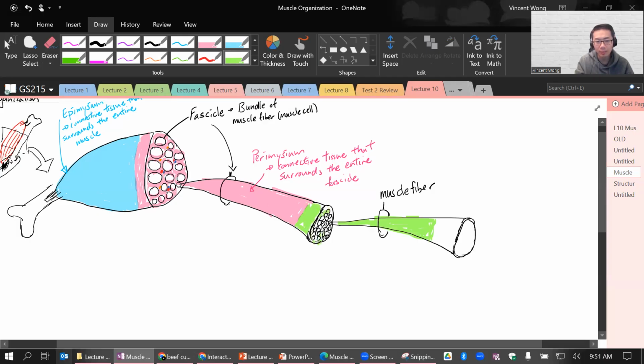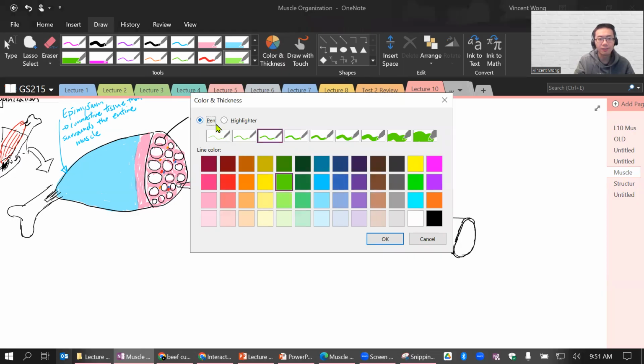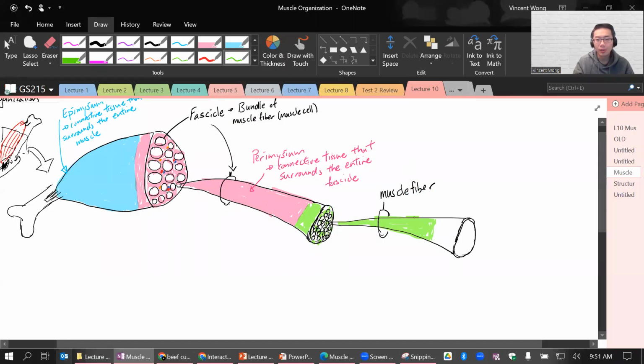And all these will be surrounded by the same connective tissue. It's hard to do it individually, but you get the idea. Same concept here, but now it's the green stuff. And the green stuff is called the endomysium. Connective tissue that surrounds the entire muscle fiber.